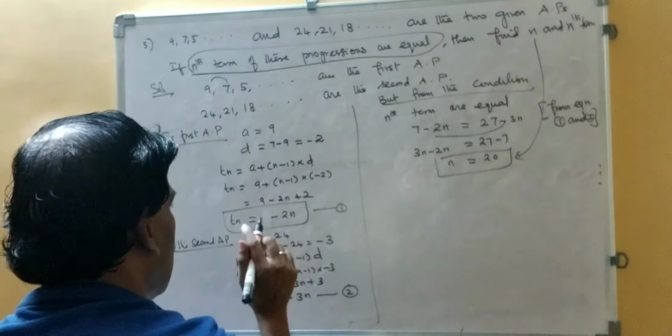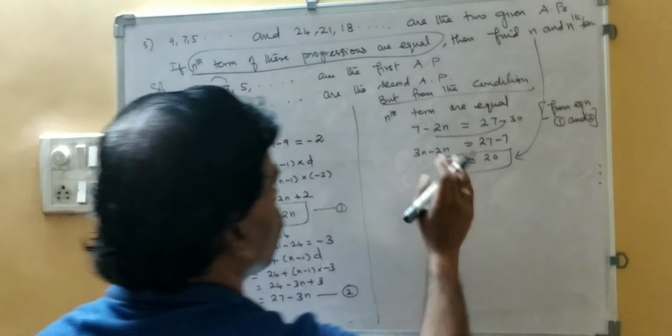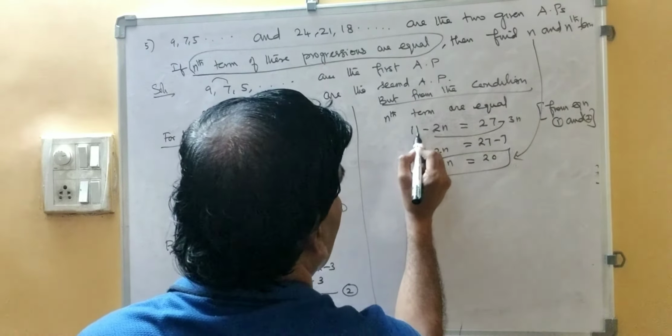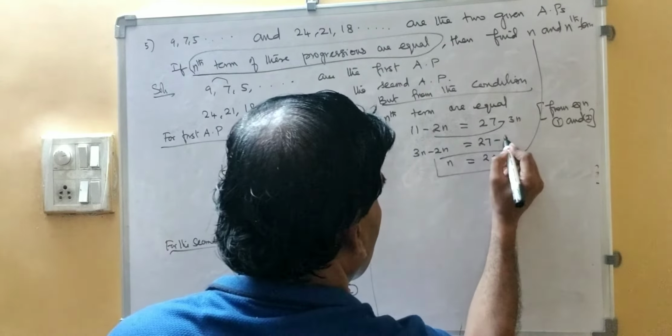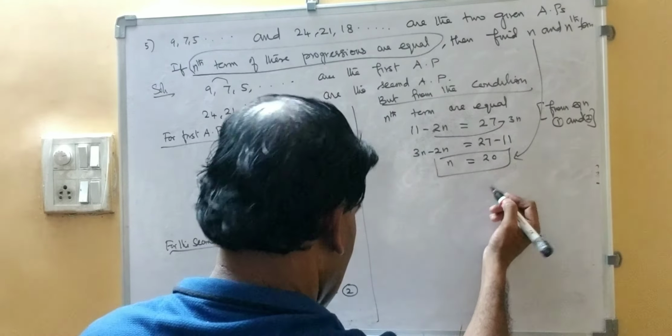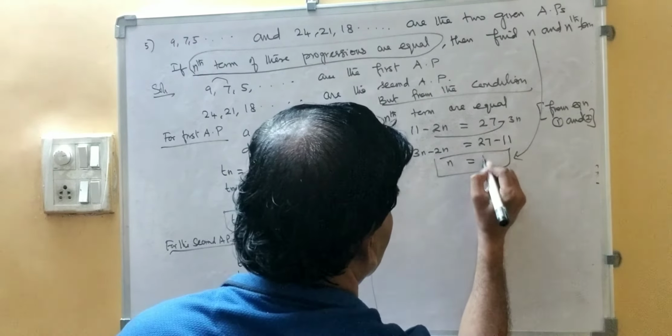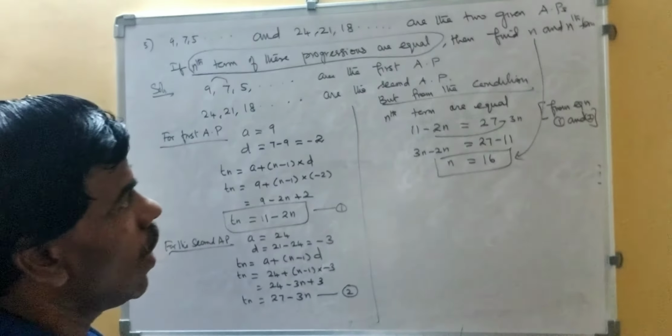Sorry, here it is 11, so we have to copy very carefully. Okay. Now n we got.